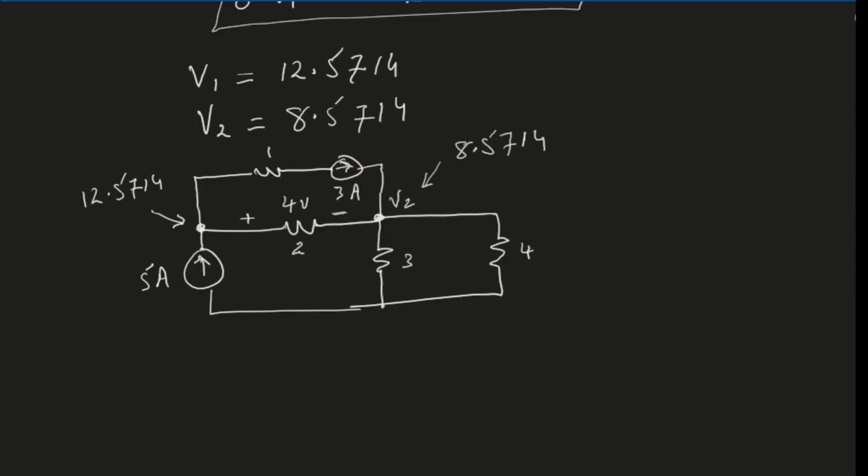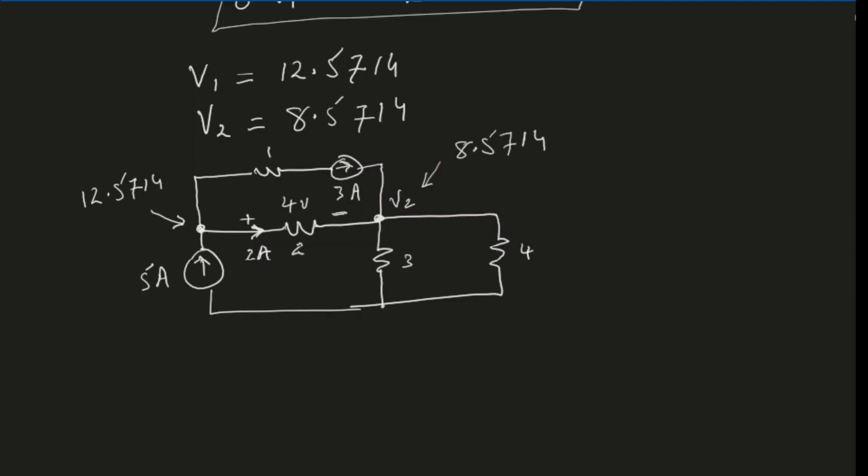According to Ohm's law, if there are 4 volts across a 2 ohm resistor, the current in this resistor shall be 4 divided by 2, which is 2 ampere. So 2 ampere must be flowing in this branch.